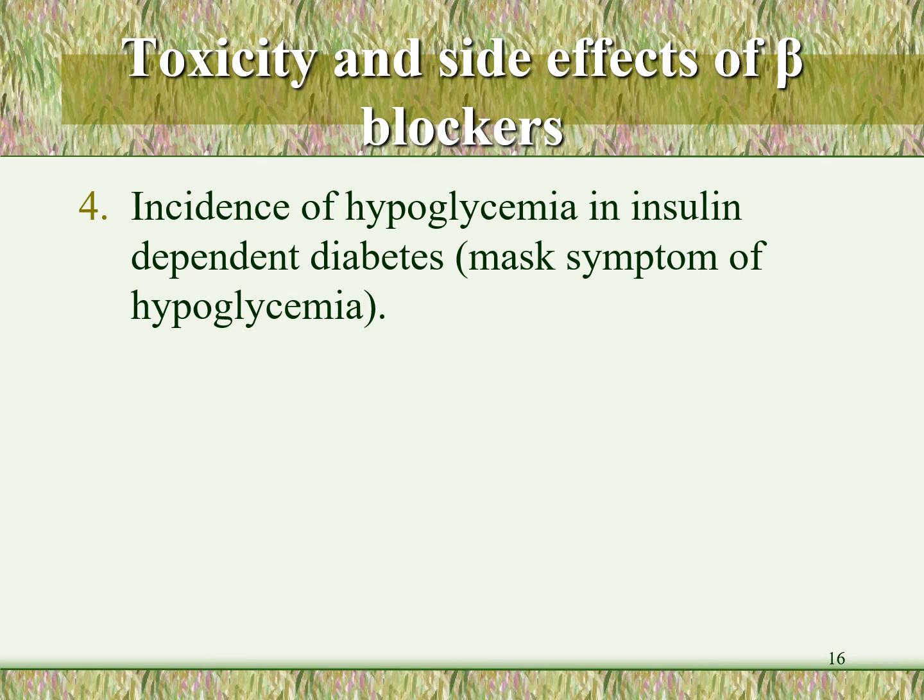So the patient may undergo hypoglycemia without knowing, because there are no symptoms, and this is very dangerous. This can lead to sudden lowering in the blood glucose, and this may lead to irreversible damage, especially in the CNS. So beta blocker should be used cautiously in patients with diabetes.